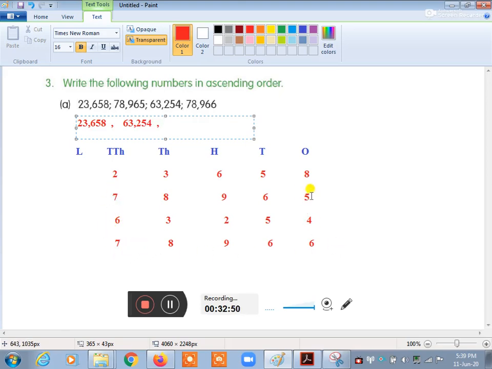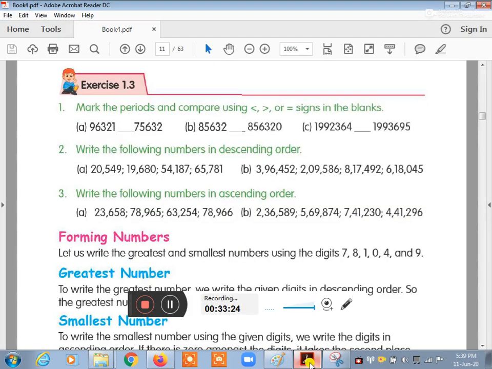Up to here both the numbers are same. In all the places both the numbers are same. In the ones place here is the 5, here is the 6. So 5 is smaller than 6. So 78,965 is less than 78,966. So next number is 78,966. So B bit, do it by yourself. I am giving as a homework.